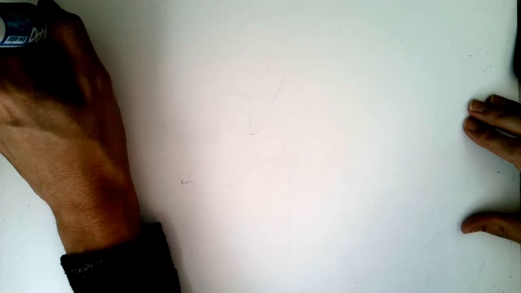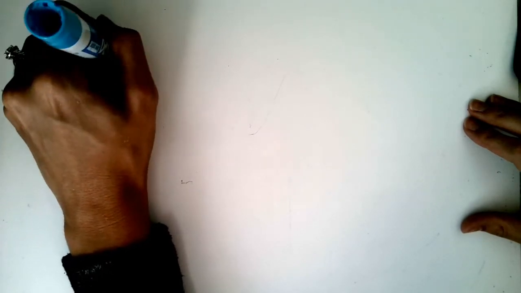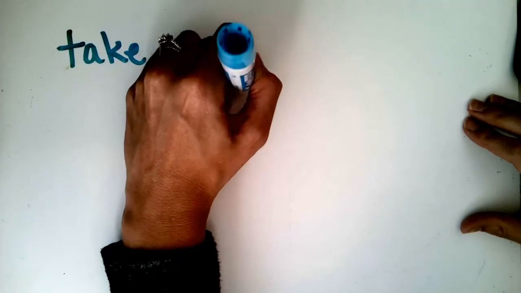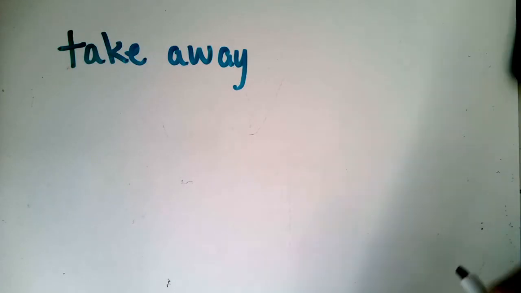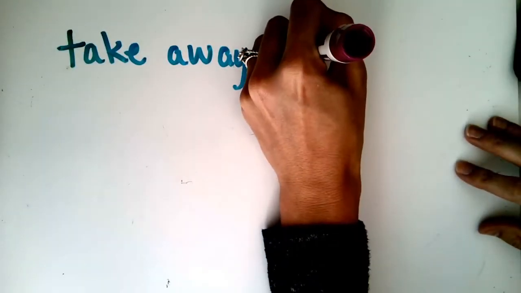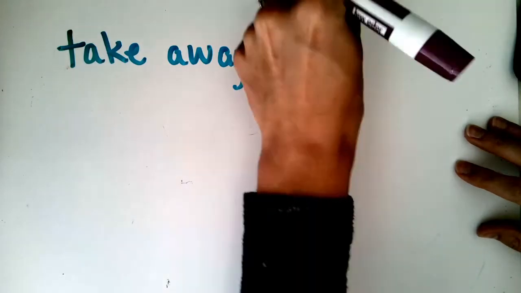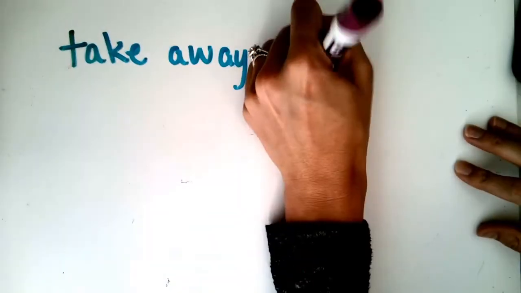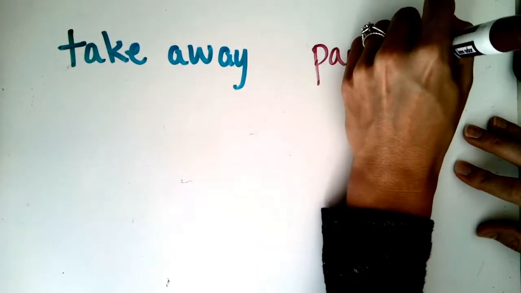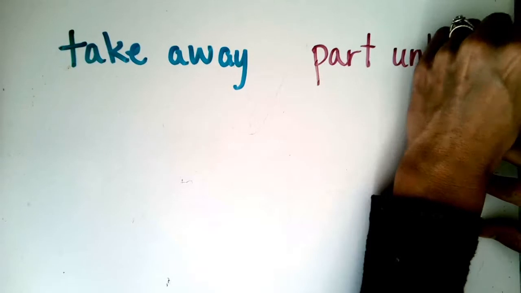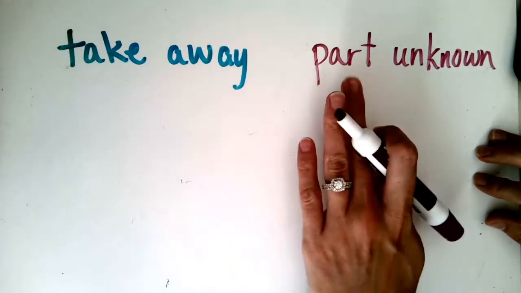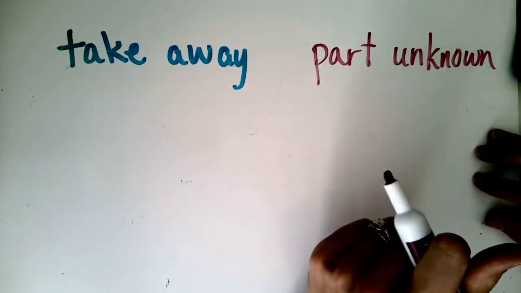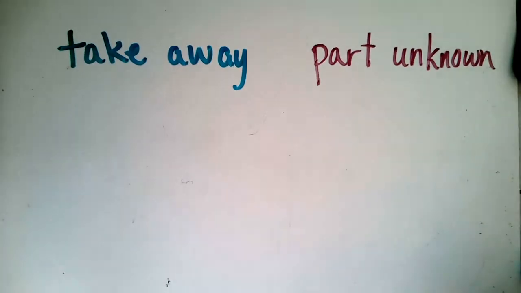We will be using subtraction to help us solve takeaway story problems, and we will be using subtraction to help us solve part unknown problems, okay? So we have takeaway story problems, and then we have part unknown, or sometimes we say unknown part, okay? Let's try one together first.